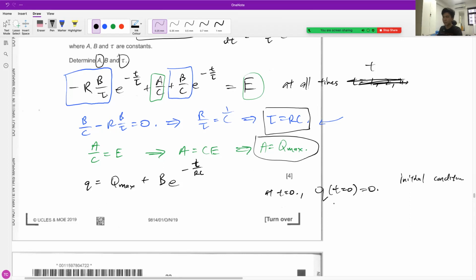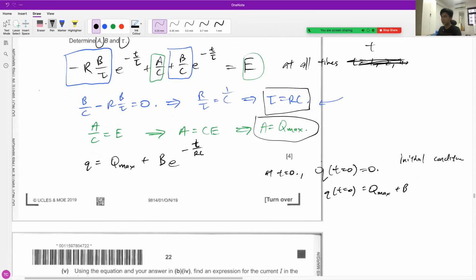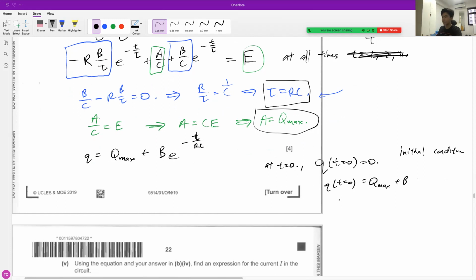So substituting t equals 0 gives us Q at t equals 0 equals Q max plus B, because e to the power minus 0 over RC is just 1. So that gives us B equals, it should be 0, so B is minus Q max.